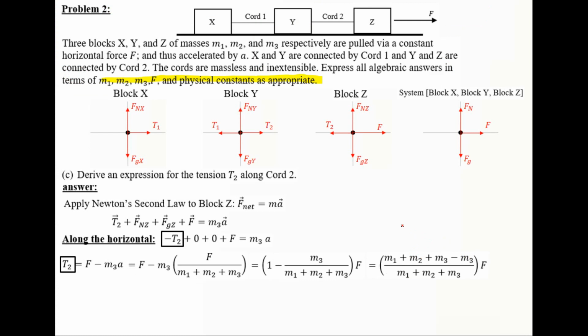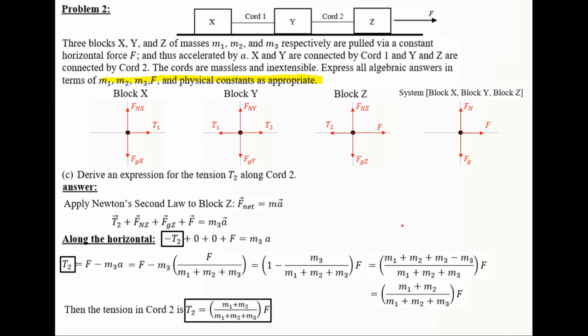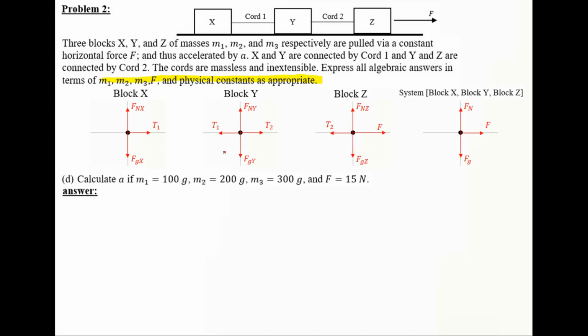These would cancel and we're left with m1 plus m2 divided by the total mass. Then the tension T2 along the chord is given by that, and now we can do the following check. It depends on m1, m2, m3 and F, and that's perfect.